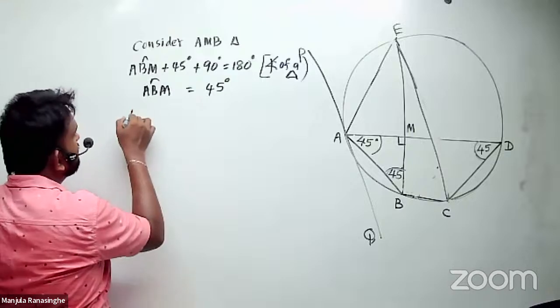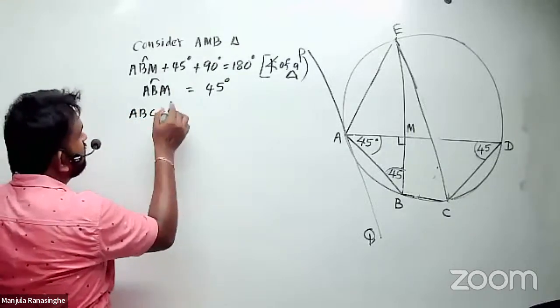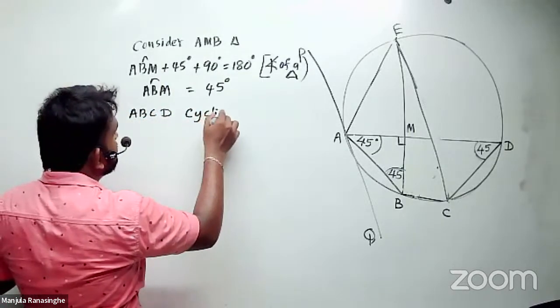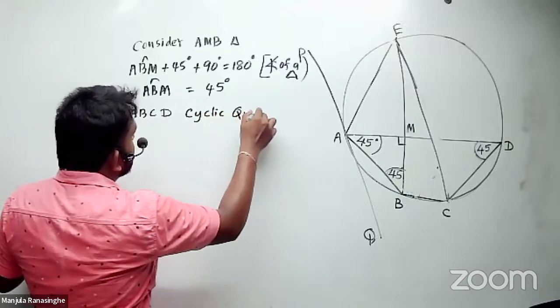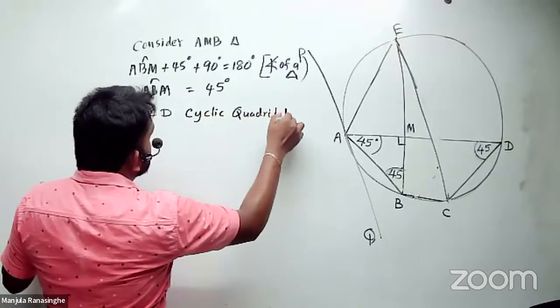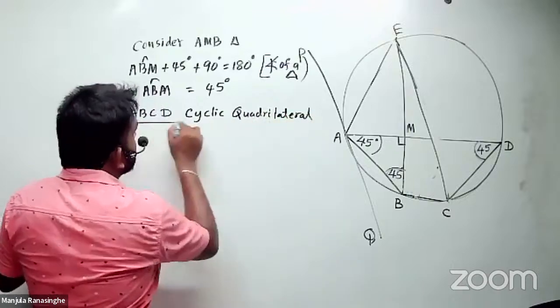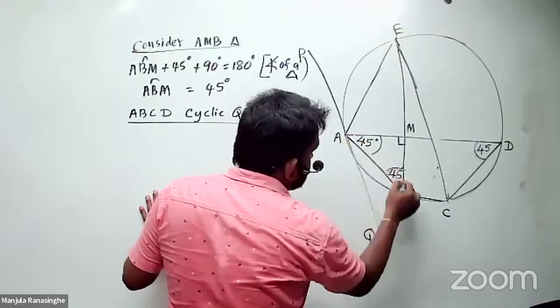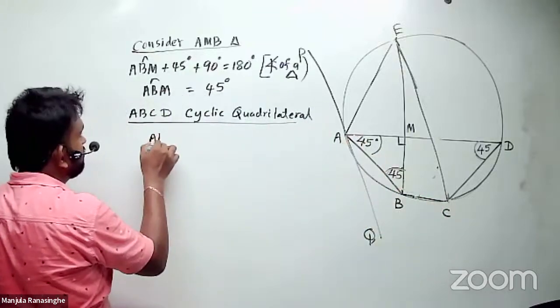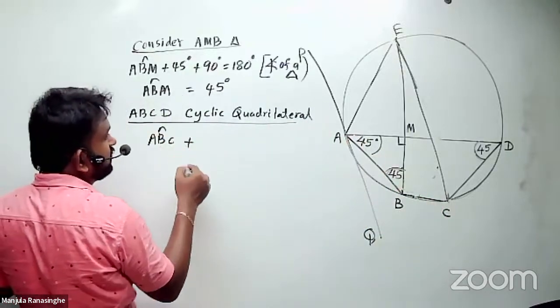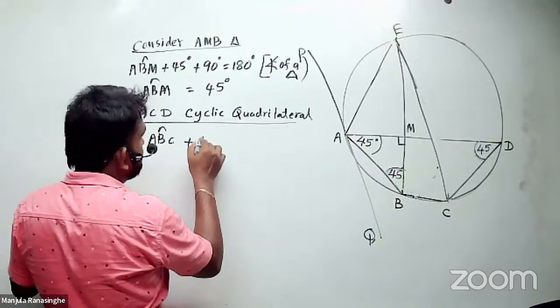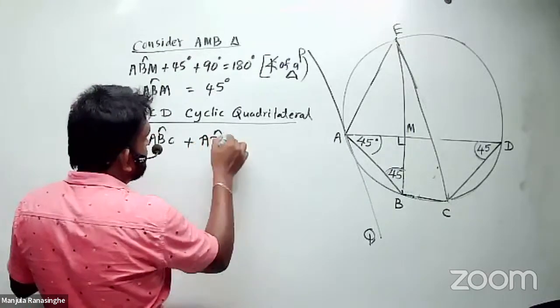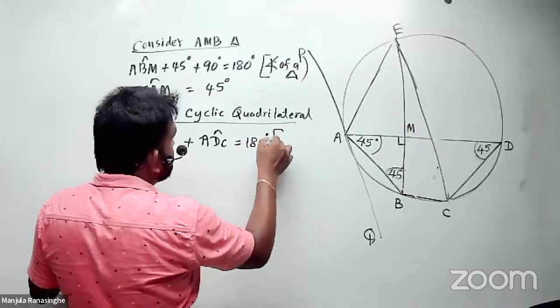Then you see that, consider ABCD a cyclic quadrilateral. Then you can say that angle ABC plus angle ADC equals 180 degrees, right?